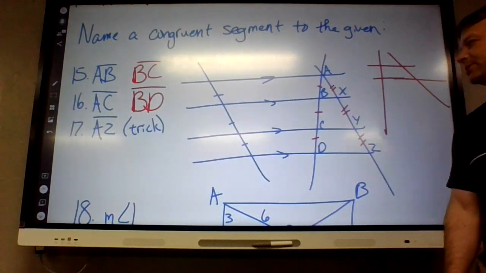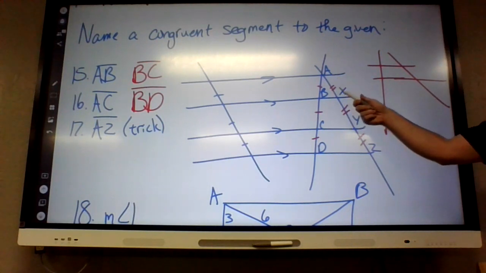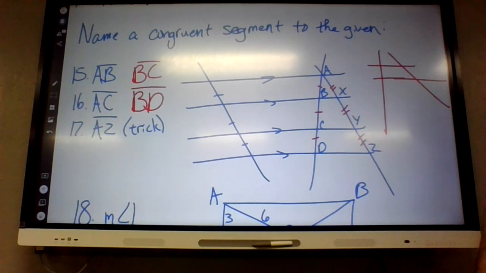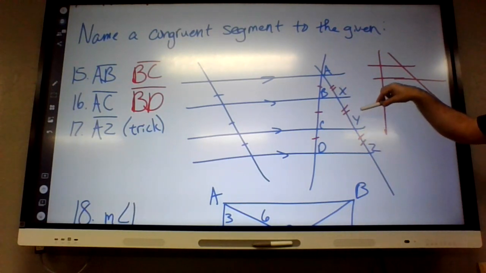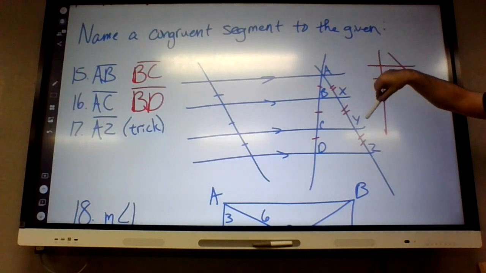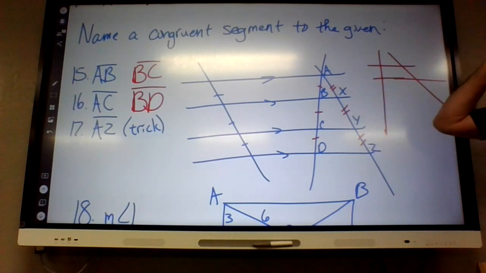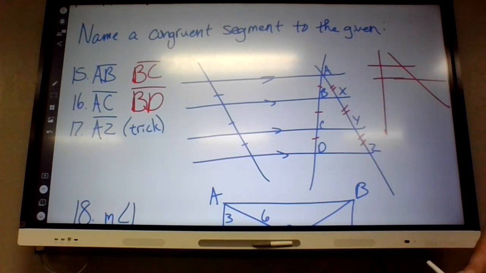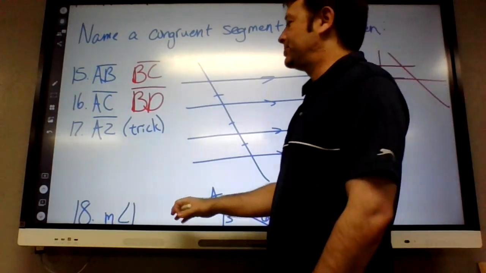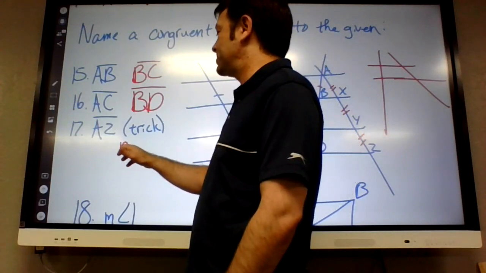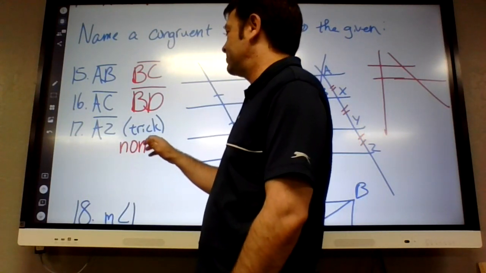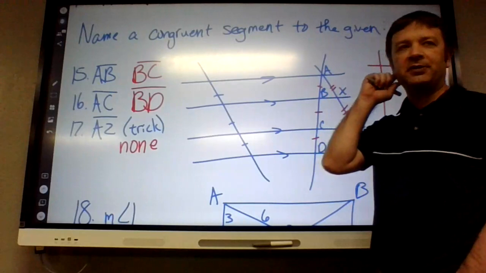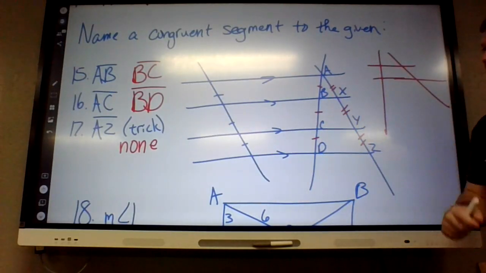What segment is congruent to AZ? AY? AD. AD. Okay, the answer is none. Sometimes in the past, I think kids have put ZA, but that's just the same segment. They kind of try to explain in their directions that none is an answer, but it's a little bit confusing the way they say it. None is a possible answer.